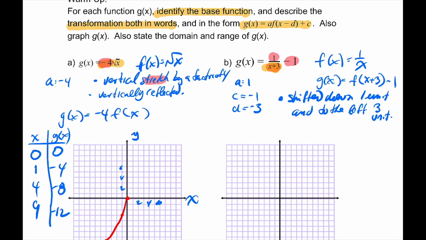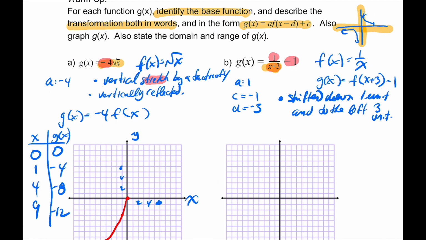So just to highlight again, our basic reciprocal function is going to look like this, where our asymptotes are actually on our x and y axes. Okay, so again, because this is a translation, it's moved up and down, our asymptotes are going to move as well. So let me draw the asymptotes here in green.